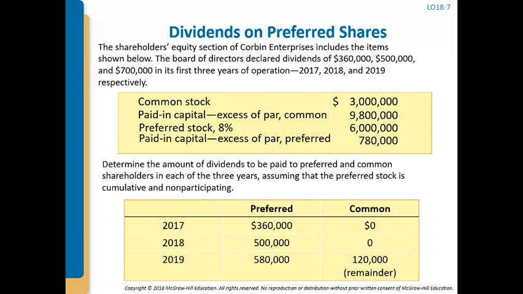So the preferred shareholders get $580,000, so they're completely satisfied at this point for 2019 and all prior years. And so the excess, 700 minus 580, or 120,000, goes to the common shareholders. So that's how that works.